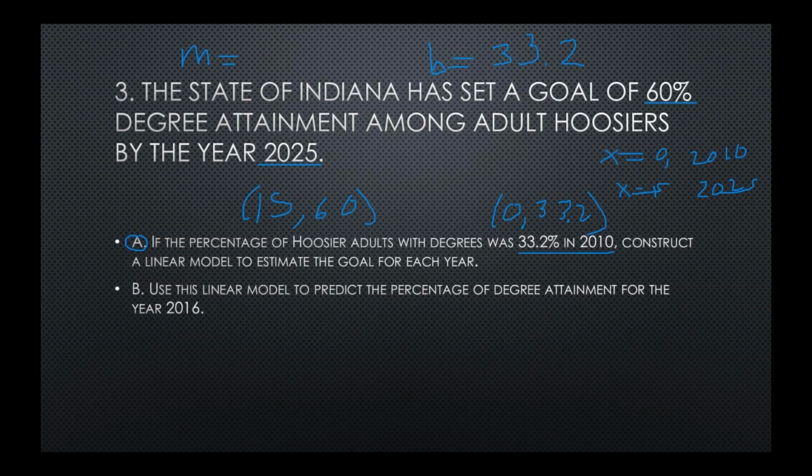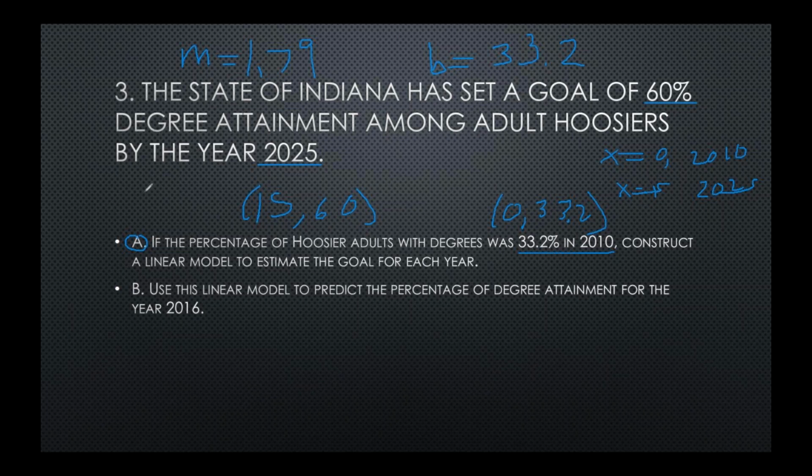So I'm going to use a different color. Yes, 1.79 is the correct slope. Did everybody else get that? Okay.